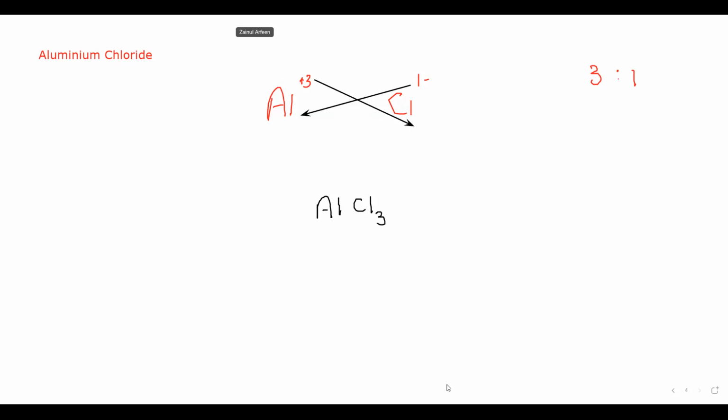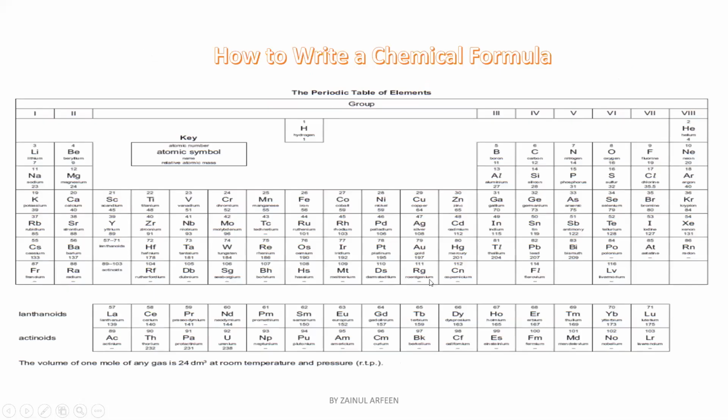So now I want everyone to write a chemical formula for different compounds. As you can see on your screen, you can clearly see the periodic table. So using the periodic table, state your answer in the chat so I can see.